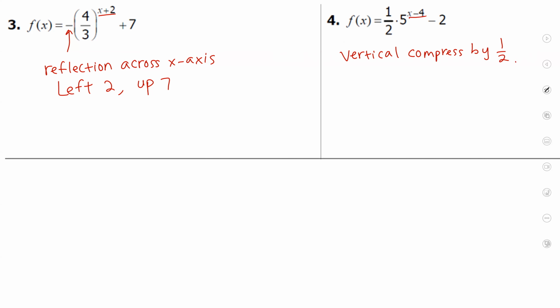This -4 in the exponent means it went to the right 4. And the -2 means down 2. The 5 is just your base. That is not a part of your transformation. Okay. So those are just descriptions of the transformations. Let's look at a graph now.